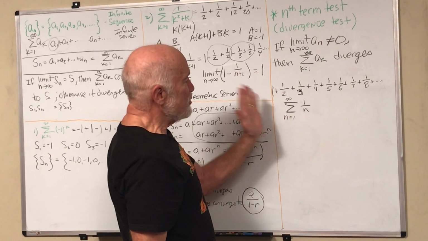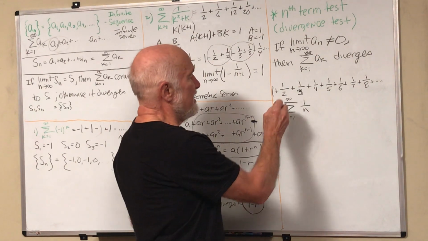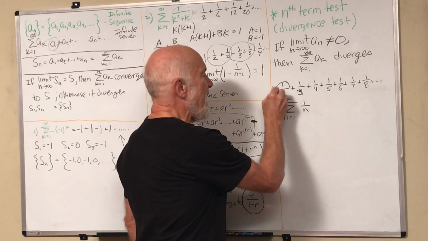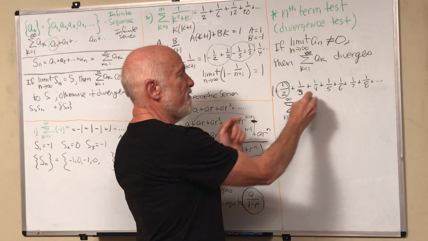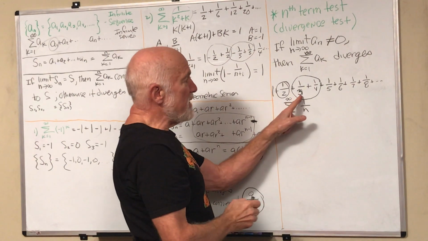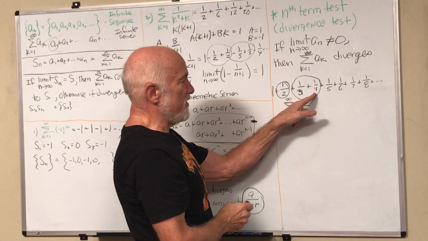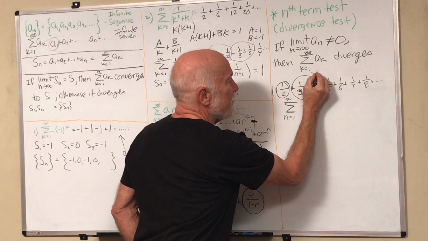And I showed you when we were doing improper integrals that 1/2 is a number. If I take 1/3 plus 1/4, that's bigger than 1/4 plus 1/4. So this that I circled is going to be greater than 1/2.